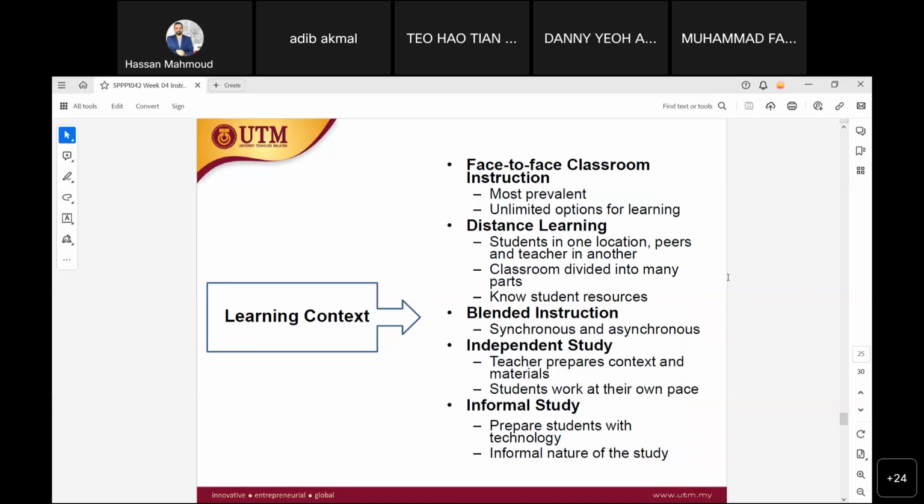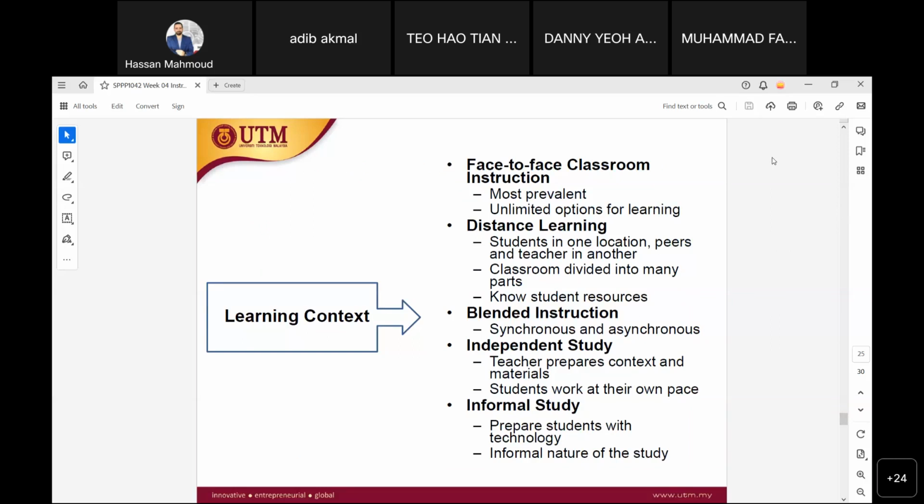All right. Now, it's very, very important, guys, to know the difference between learning strategies and learning context. It is something very different. Learning strategies are the ones that we have just discussed.